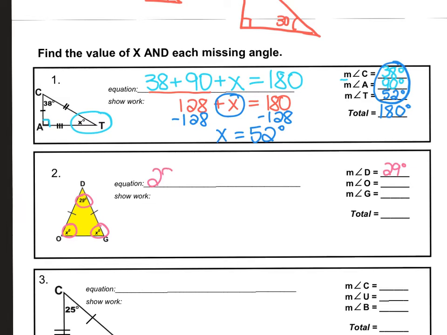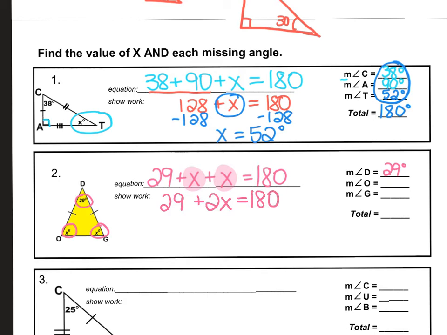So 29 plus x plus another x equals 180 degrees. So again, solving equations, super important. We can combine like terms, and we can see that we're going to have 29 plus 2x equals 180.